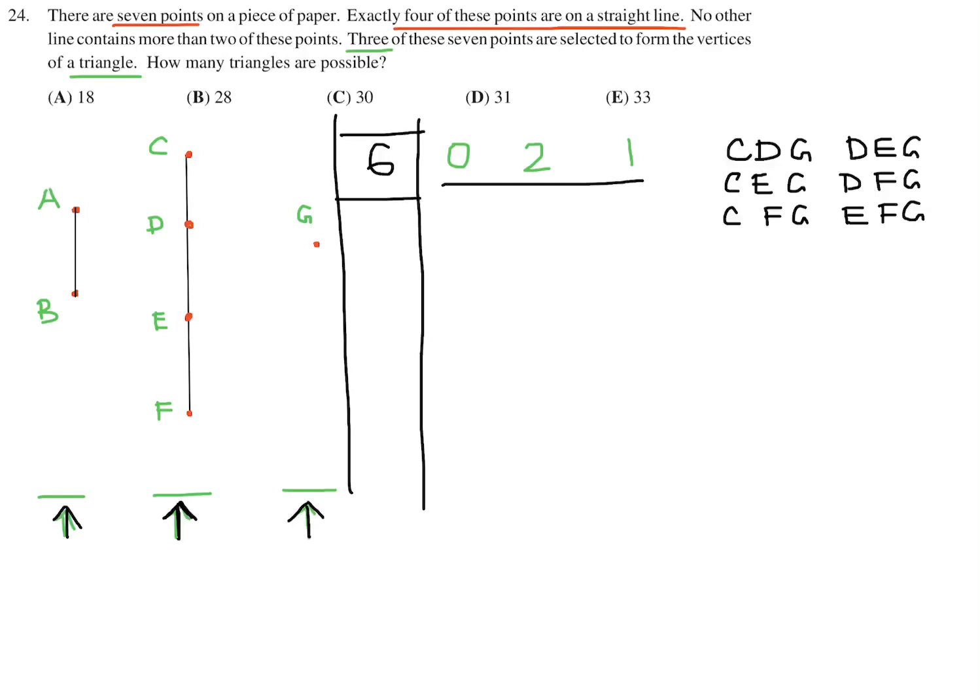Now, I'm going to create a triangle, but using all 3. So 1 vertex from this column, 1 vertex from this column, and 1 vertex from that column. And this is going to give us 8.